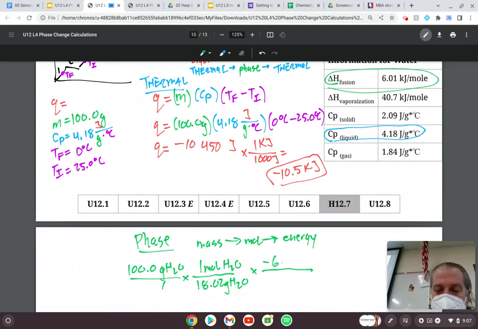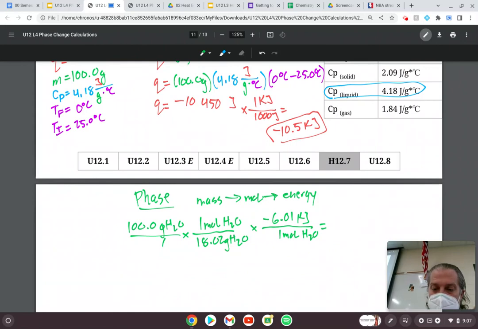So this is going to be negative 6.01 kilojoules in 1 mole of water. So I'm going to take 100 times negative 6.01 divided by 18.02, and I get something like negative 33.4 kilojoules.